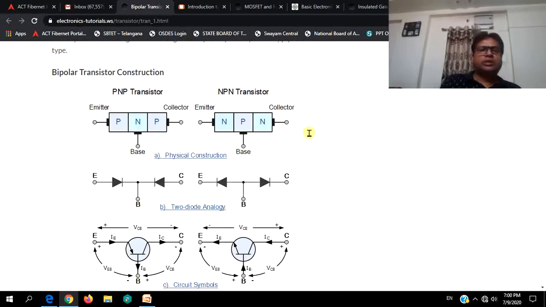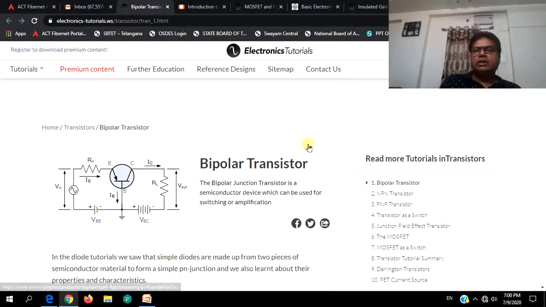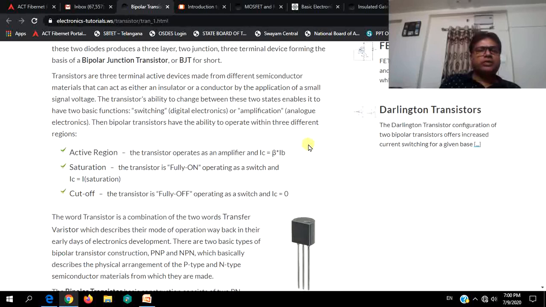It is similar to whatever we already know, where the active region means the main region through which the transistor operates as an amplifier with gain. Saturation is towards the left, towards the y-axis. The transistor is fully on or operating as a closed switch, that is saturation.